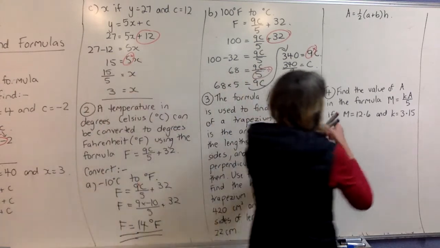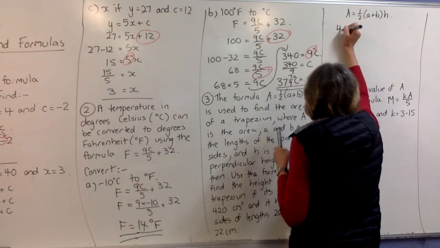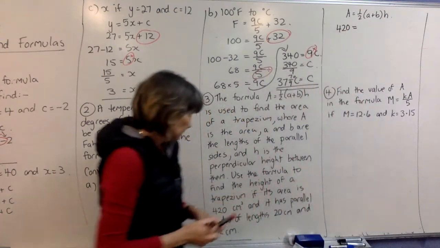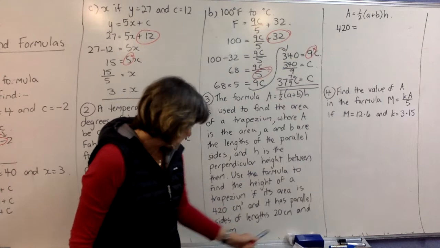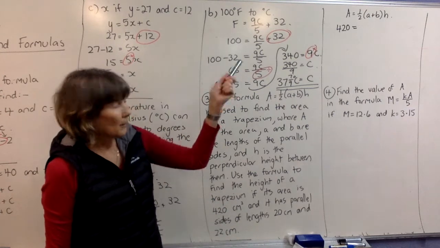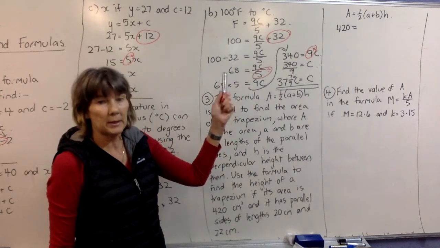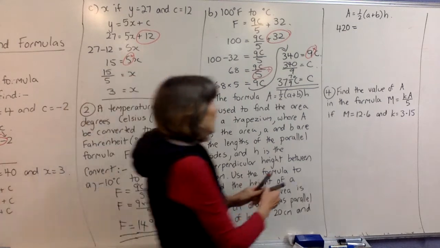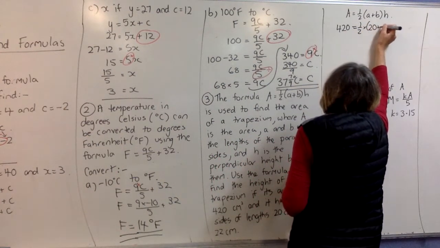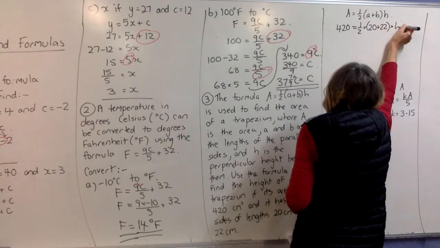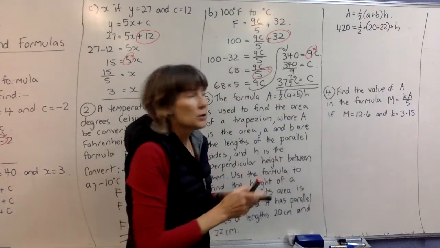So we're putting 420 in for our area in that spot. They've also given you the parallel sides, 20 and 22. The parallel sides, you know, are A and B. So we're putting 20 and 22 in there. So we're going to have it looking like this. Now make sure you write those times signs in.